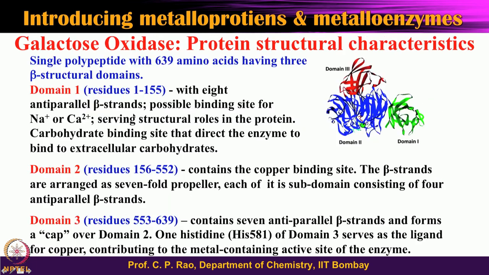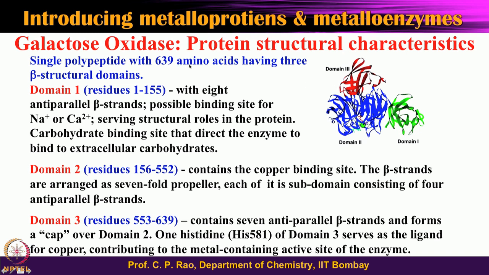As I can show you in the next one, let us look at the protein structural features for a while. This is a huge protein having 639 amino acids and it has 3 domains. You can see the green domain, the blue domain and the red domain. You can call them domain 1, domain 2 and domain 3.